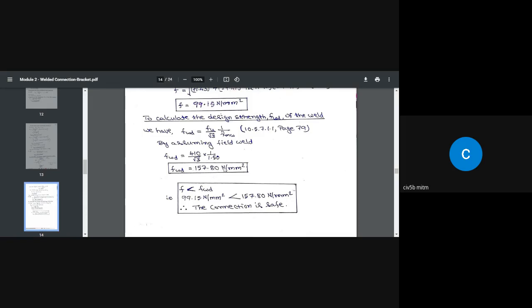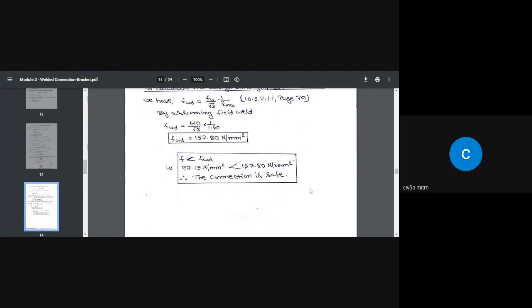So FWD equal to 157.80 Newton per millimeter square. So the actual maximum design shear stress developed is less than the design shear strength of the weld. Therefore, the connection or the joint is safe.